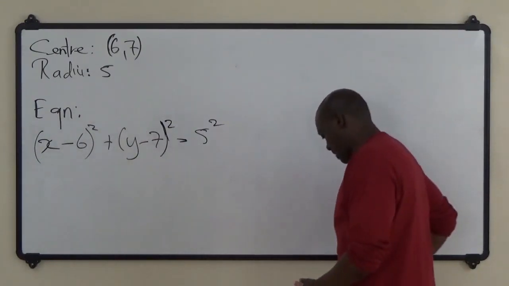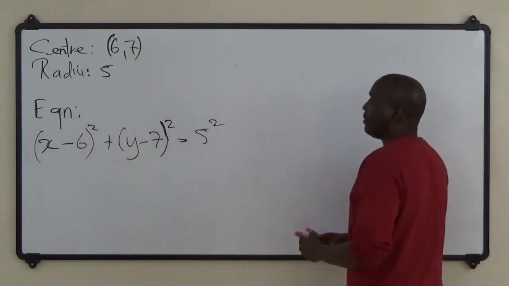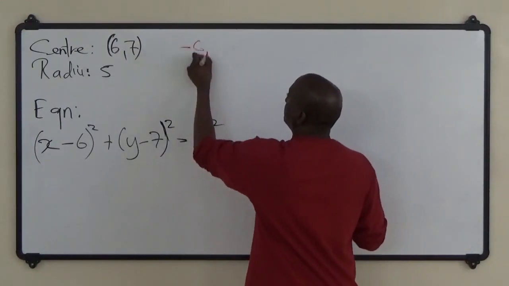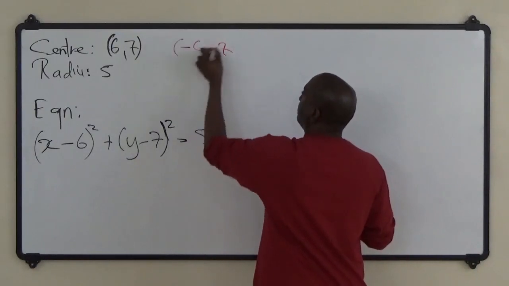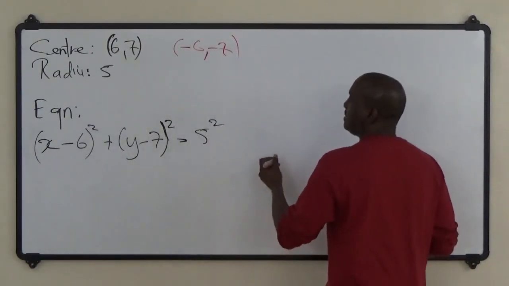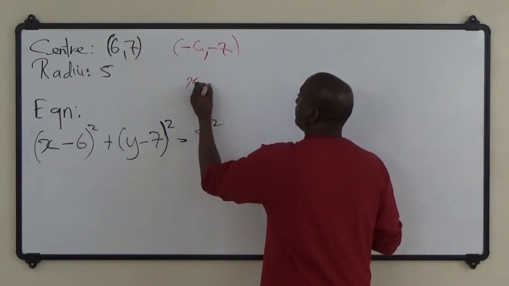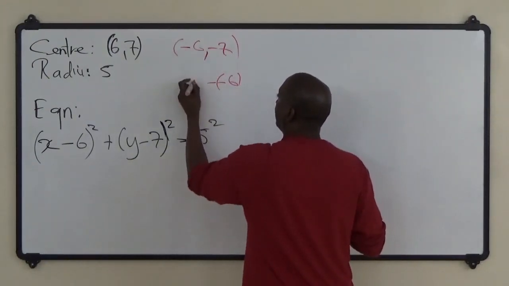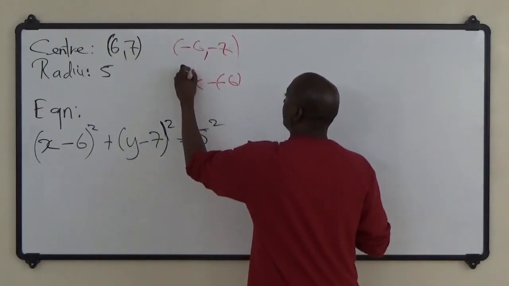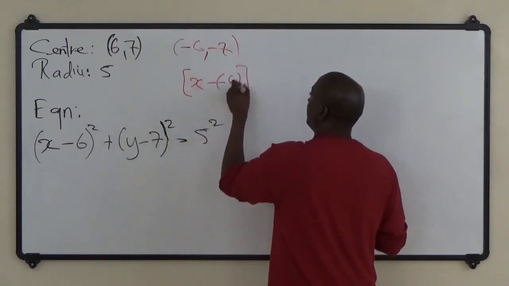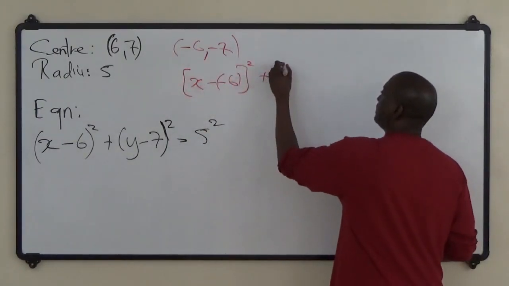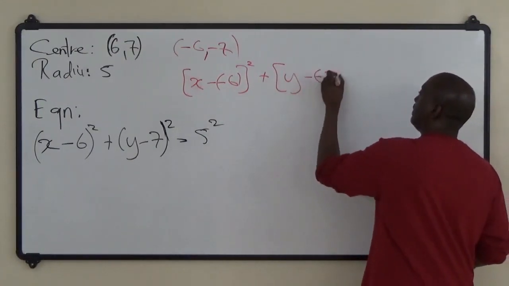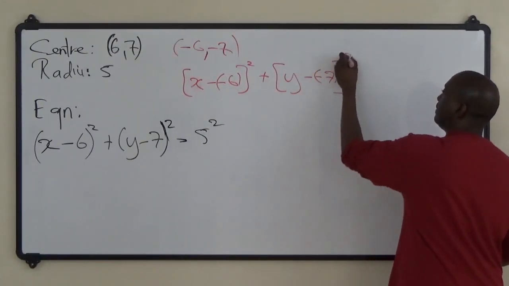So just for the sake of argument, if the coordinates were both negative, if we had, instead of 6, 7, if we had minus 6, minus 7, then in that case, the equation would be x minus 6 in brackets, right? Let me put it in square brackets, plus y minus 7 in brackets squared.